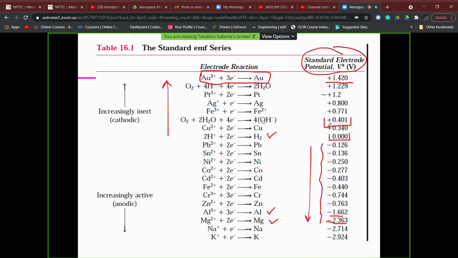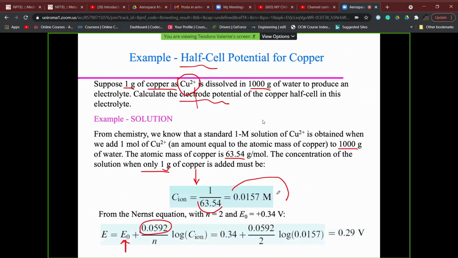You see here 0.340, and so here we have 0.340 divided by the number of charges, 2 electrons, so 2, and then we have the logarithm in base 10 of the concentration of the oxidized species, that is the concentration of the copper ions, divided by the concentration of the reduced species, which is just copper in metallic form, and this means that the concentration is assumed to be 1.